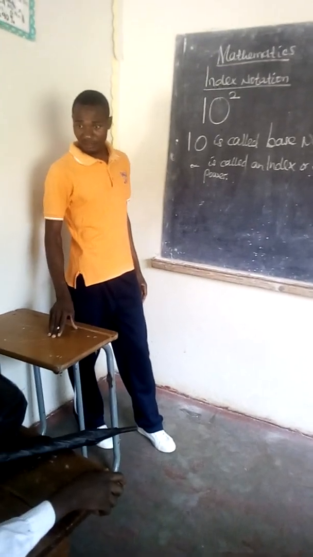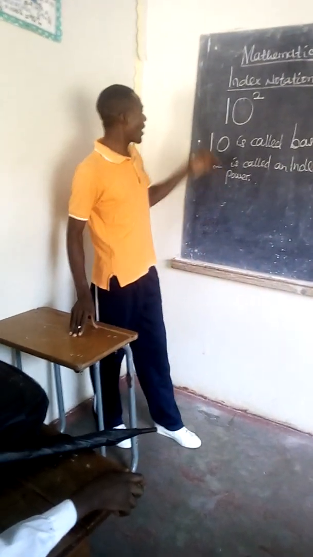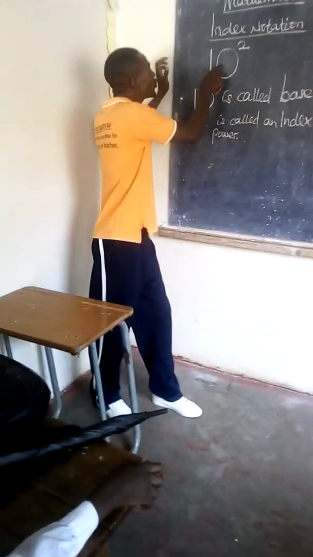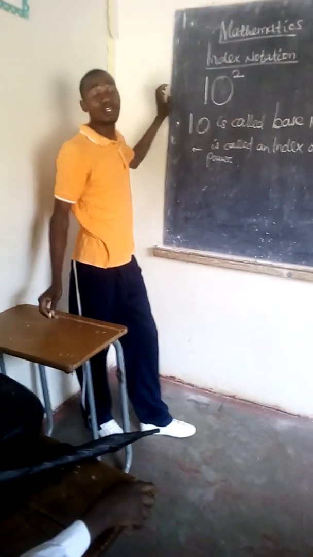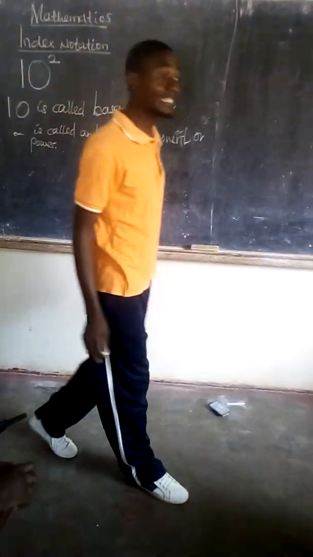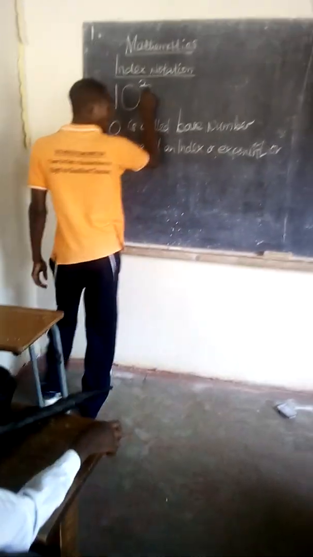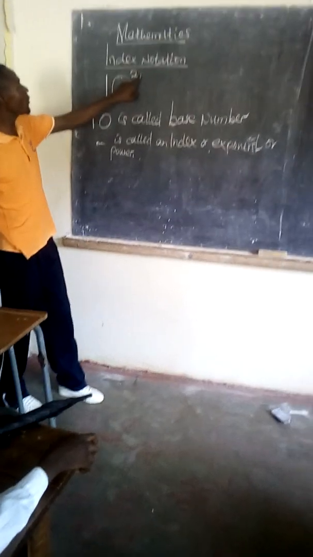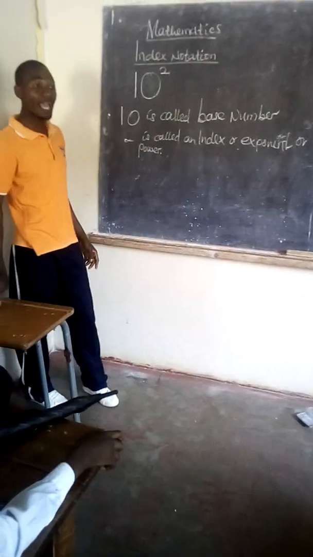So in short, we say 10 to the power 2. You can also say 10 squared, meaning this 2 can also be read as a square.